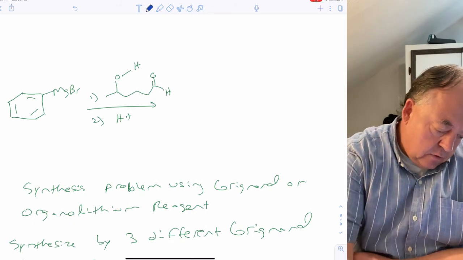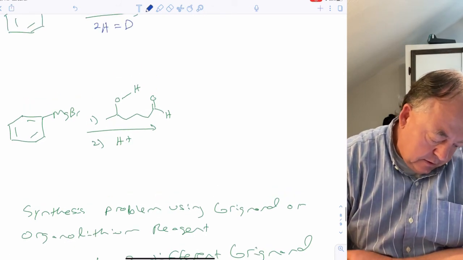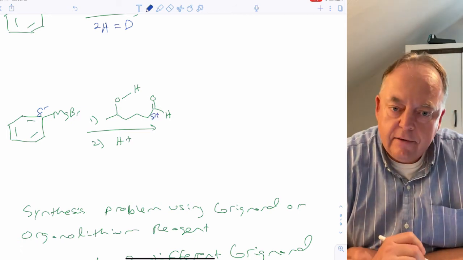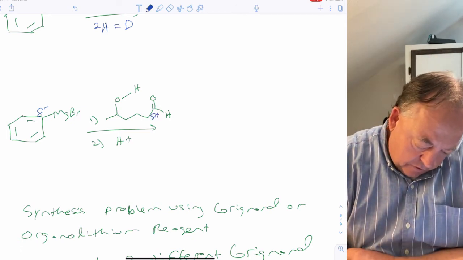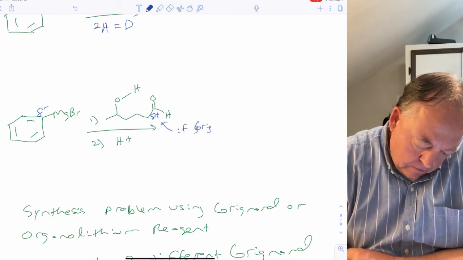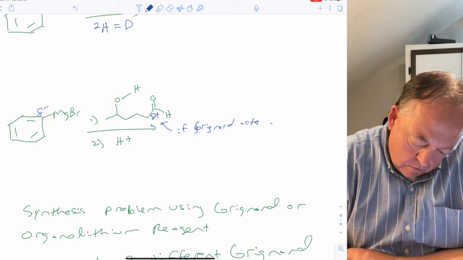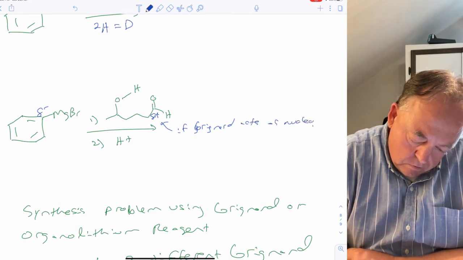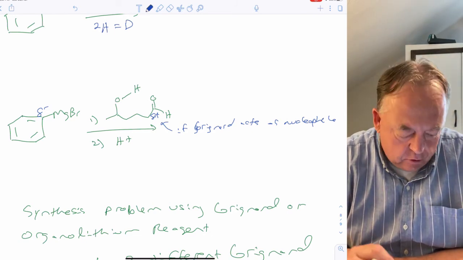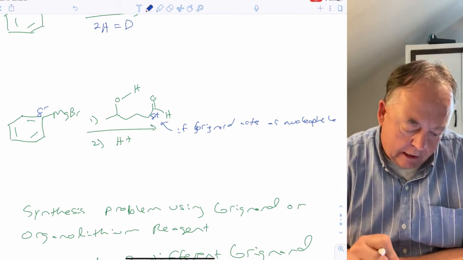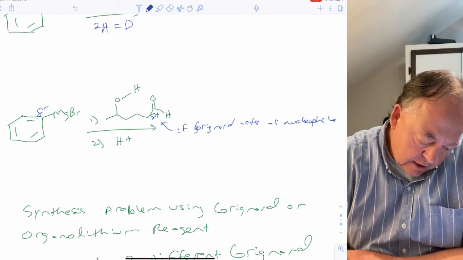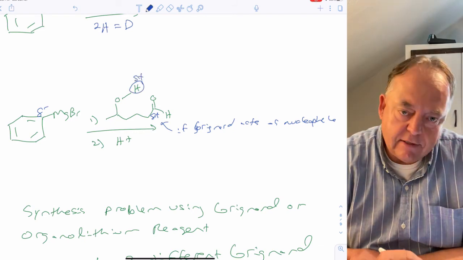Okay, so this problem. So carbon's partial negative, and that carbon's partial positive, right? And if the Grignard reagent acts as a nucleophile, right, then it goes there. But we made the point before that you can't put Grignard reagents or organolithium reagents in the presence of acidic hydrogens, of protic hydrogens, like that one, because that's partial positive.